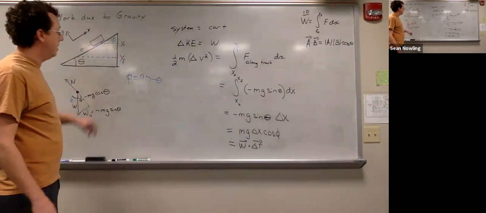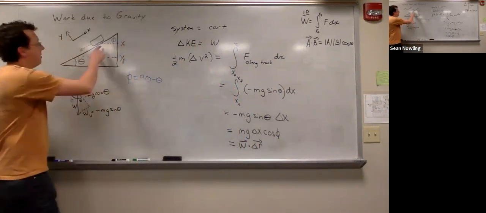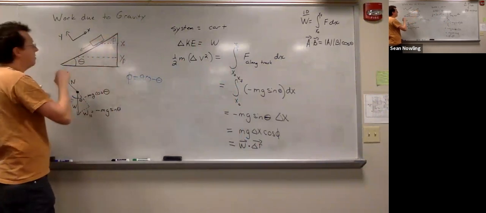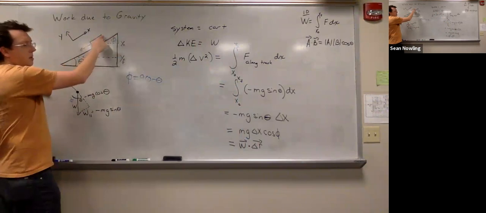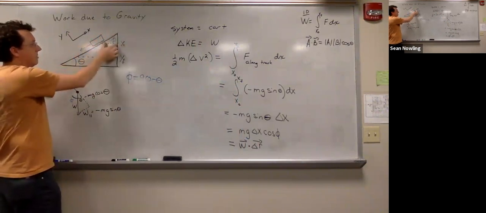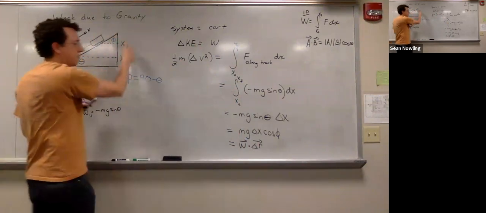Another thing you can say, looking at this diagram, I've marked out the different heights. And it turns out, if you think about it, delta x times the cosine of phi is actually the same as the change in height, delta y.